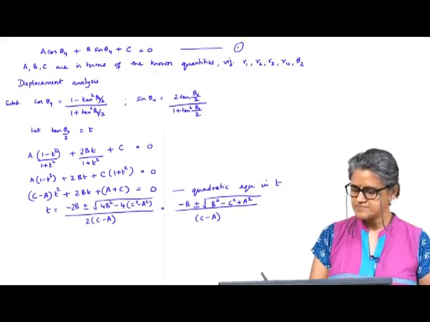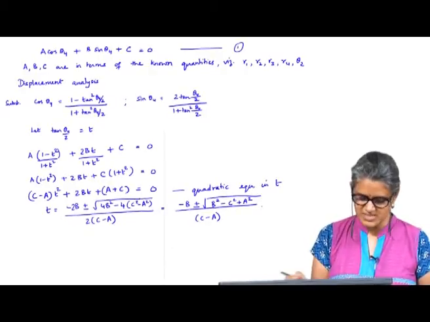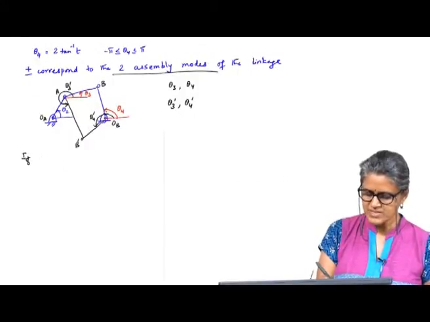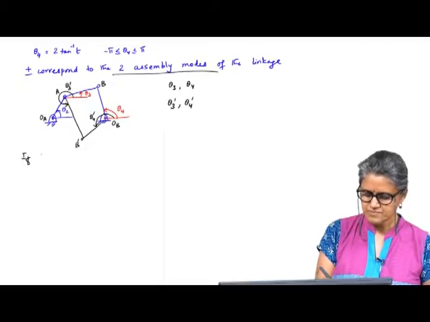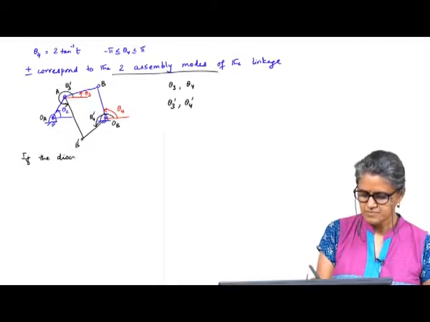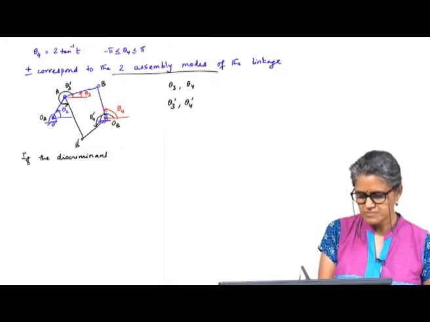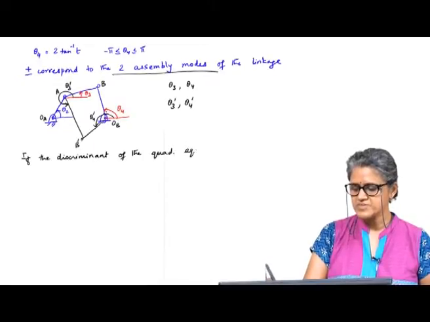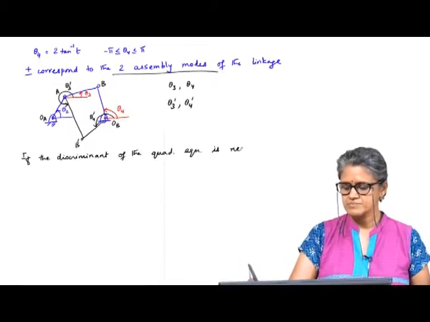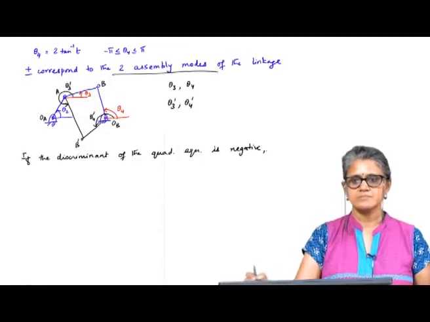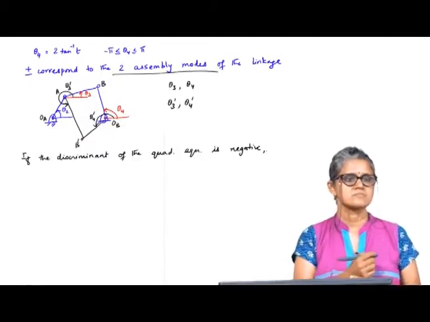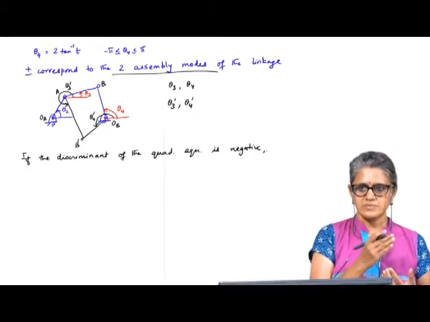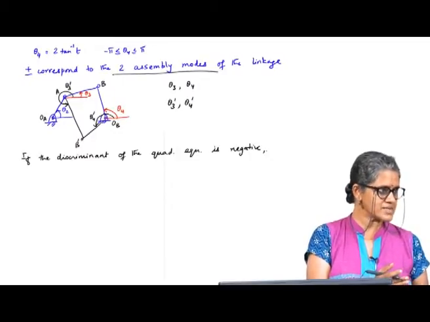So, we saw that we had a quadratic equation and the discriminant. If this is negative, B square minus C square plus A square is negative, then what does that mean? What does it mean physically? What are A, B and C functions of? The link lengths and the initial angle.